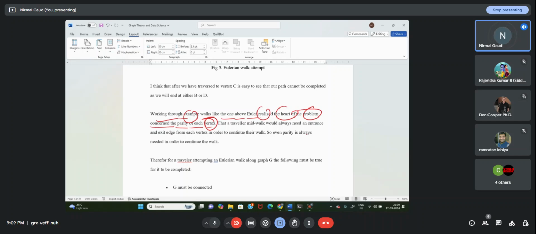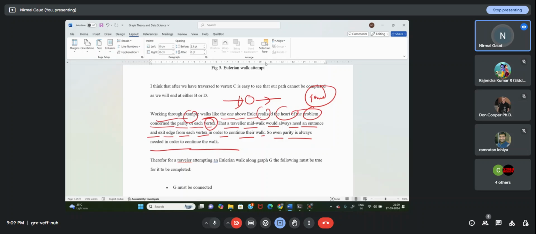A traveler mid-walk would always need an entrance edge and an exit edge at a vertex in order to continue the walk. So even parity is needed in order to continue the walk. That means at any vertex there is an entrance and there should be an exit. So parity is important. That's what decides it.